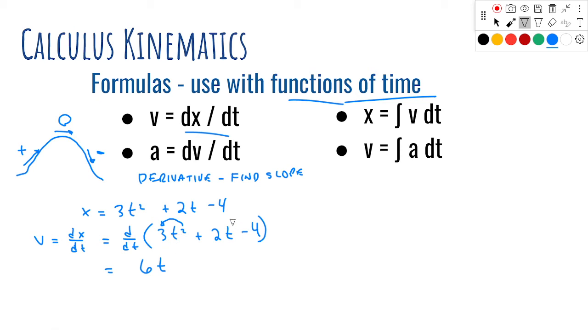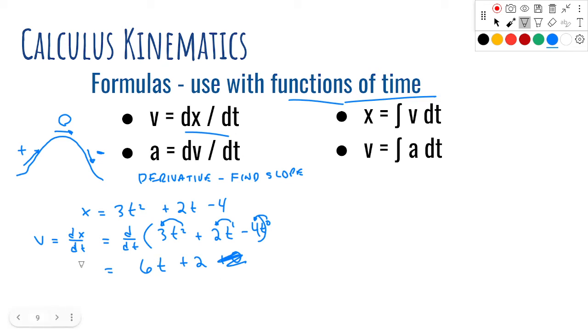I'll do the same thing right here. This is t to the first, so 1 times 2 would be 2. And t is going to drop from t to the first to t to the 0. T to the 0 is 1, so I just get that. This one's actually t to the 0 right here. 0 times 4 is 0. Okay, so you see how that last term just kind of disappeared.